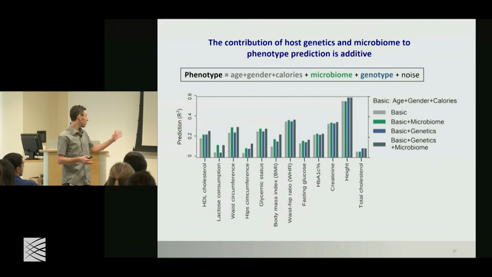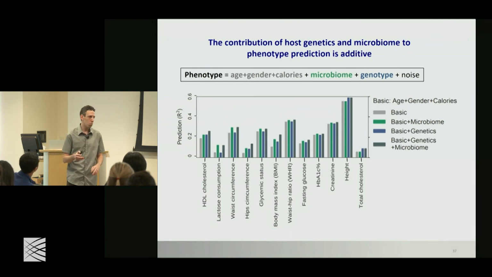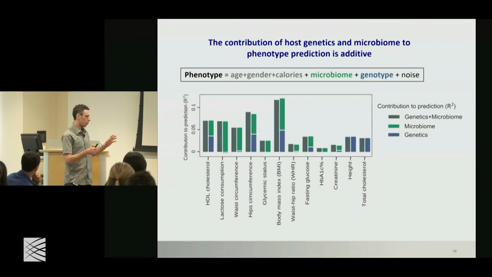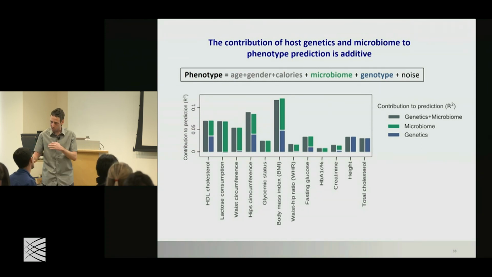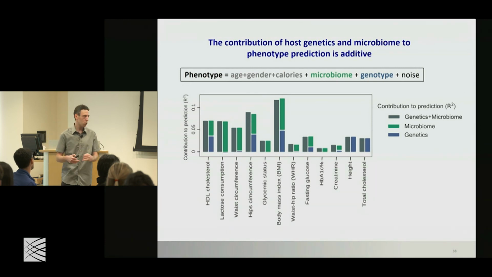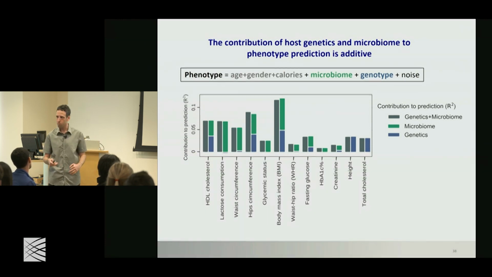So you can see here that the microbiome and genetics almost always contribute to the overall prediction. But it's more interesting actually to zoom in on the contribution to the prediction over this basic model. And what you can see here, which we think is really cool and interesting, is that the contribution of the joint model is basically almost always the sum of the contributions of the 2 individual models that used only genetics or only microbiome.